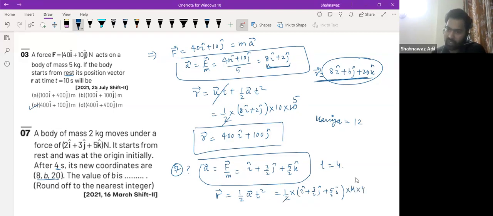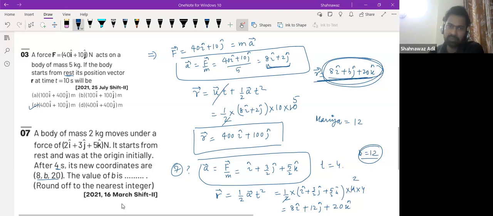So this is 8. So this would be 8i plus 8, 2 and 2 will cancel, 4 threes are 12j, and then again 2 and 2 will cancel, this is 20k. So if we compare with this one, B is how much? B is 12. So B would be 12, guys.